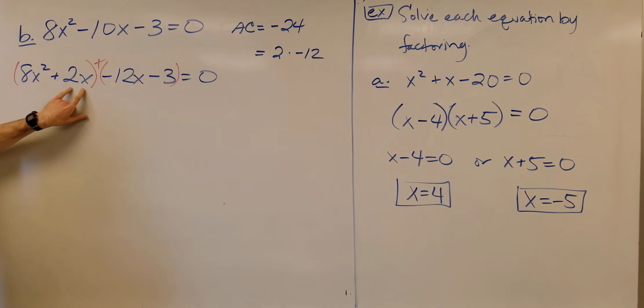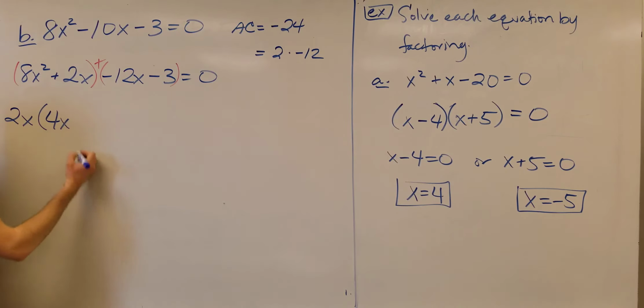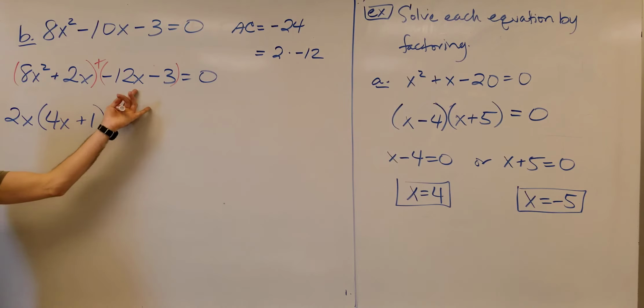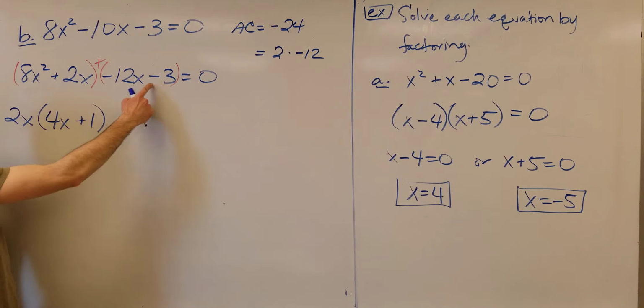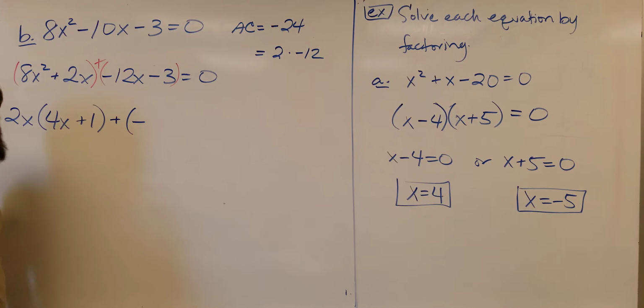I think I can get a 2x out of both. So let's take a 2x, and that's going to give 4x plus 1. For this one, I have negative 1 in both of them, so I'm probably going to factor out the negative.